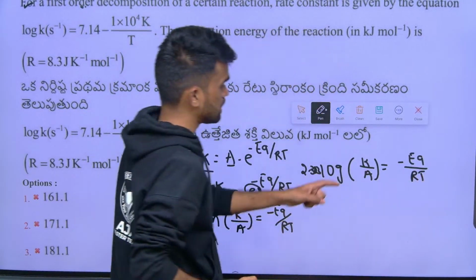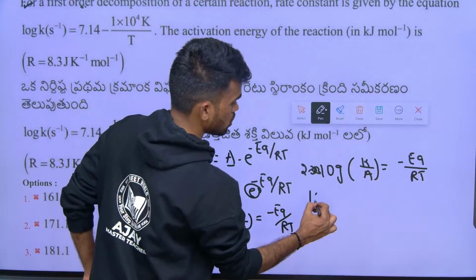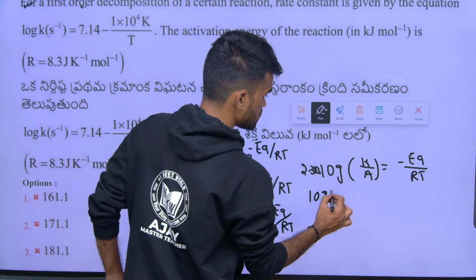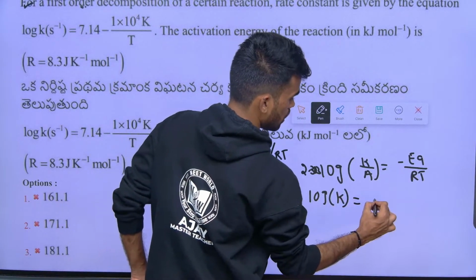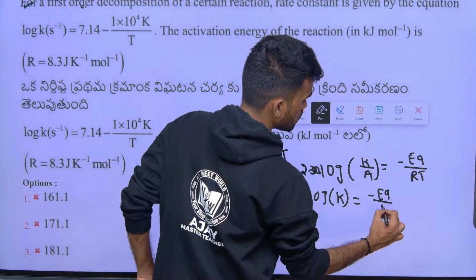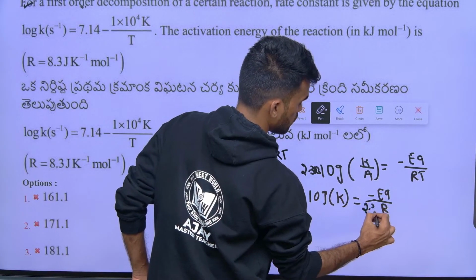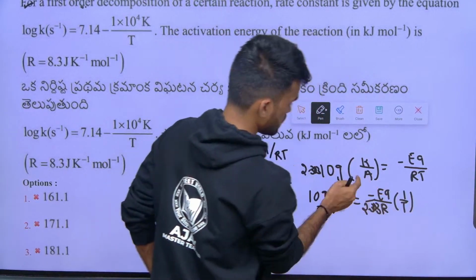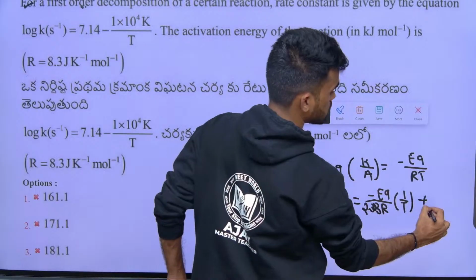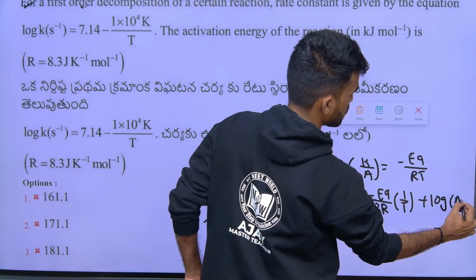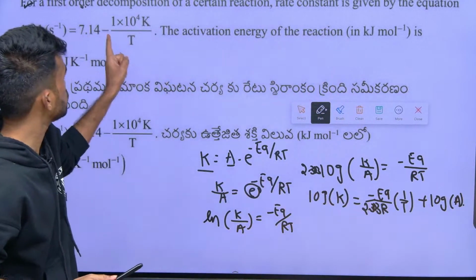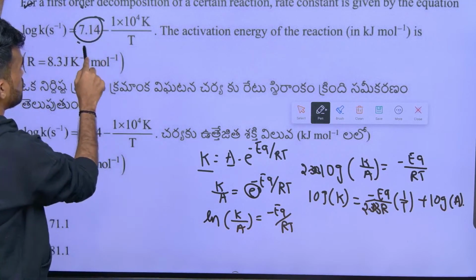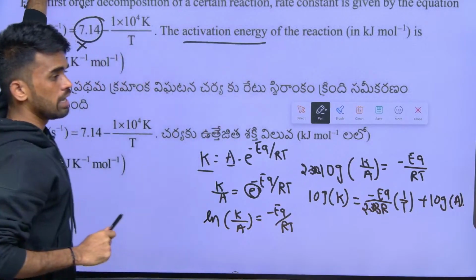They have given the log k relation. Log A by B, I can write as log A minus log B. So log k becomes minus Ea by R into 2.303 into 1 by T, and the minus log A, when I send it to the other side, becomes plus log A. Now compare these two equations. Here the log A value is this much, so keep it aside because they are asking only about activation energy.